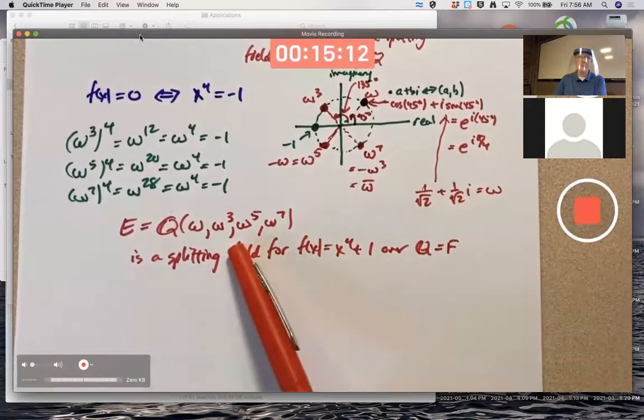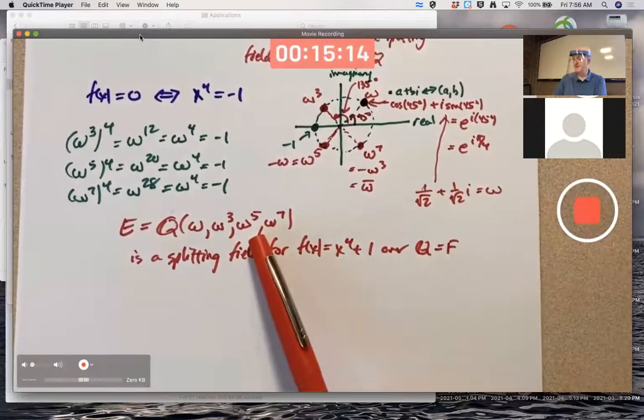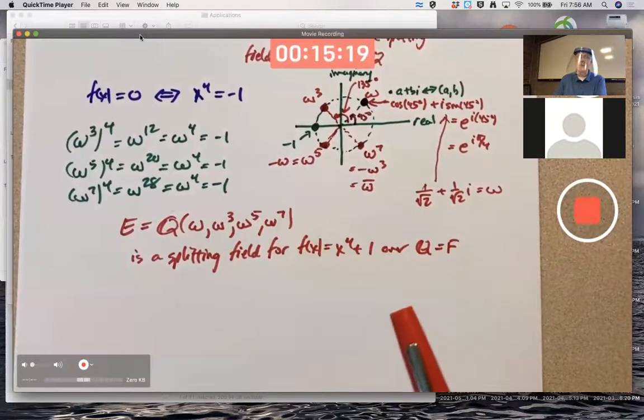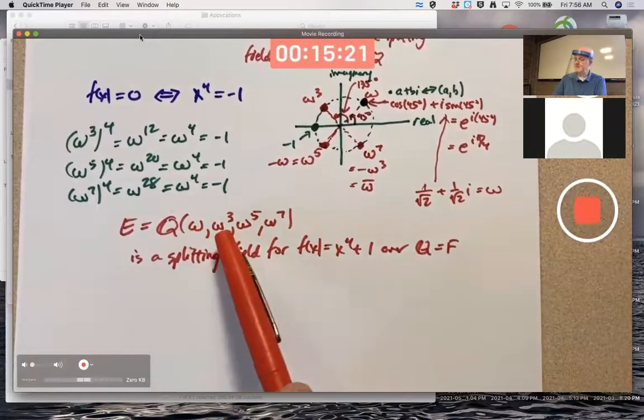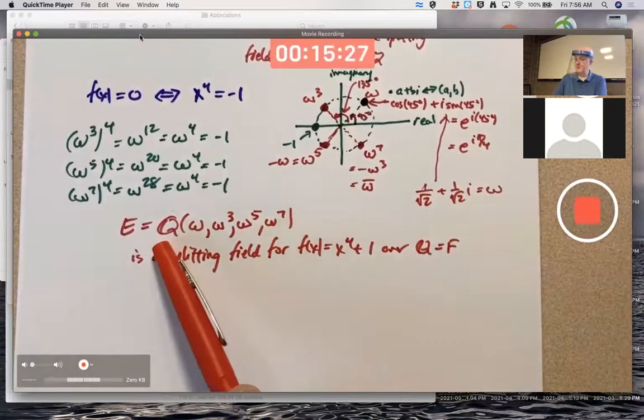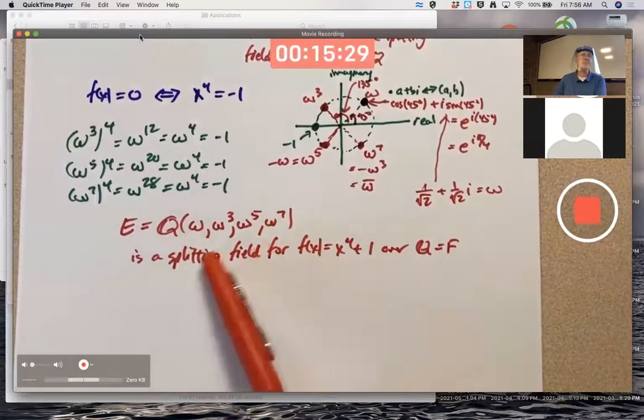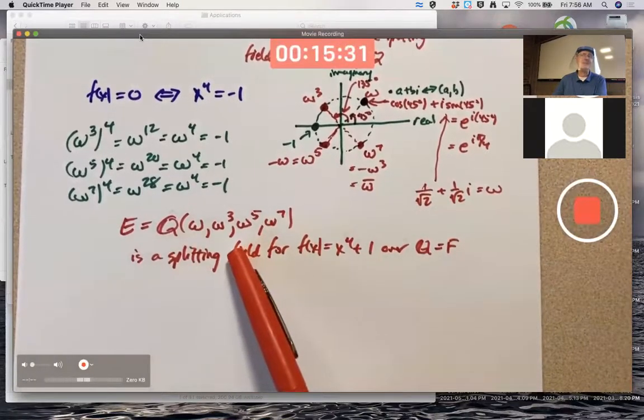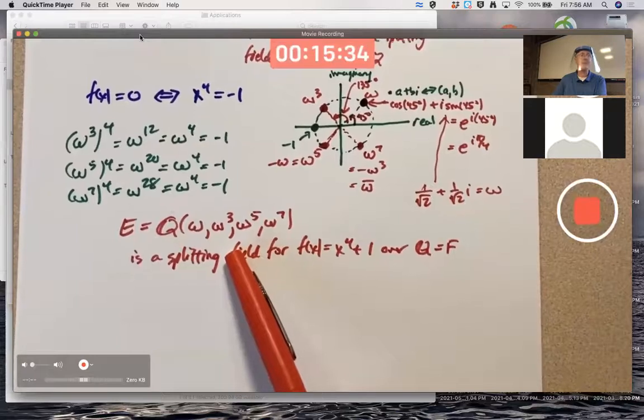And using the adjoin notation, this is the smallest field extension of Q in C, the complex numbers, that also contains these 4 numbers. But remember, as I've always been saying, it's more than just Q union with these 4 numbers. There's plenty of other numbers in here that have been added to Q, so to speak, infinitely many.